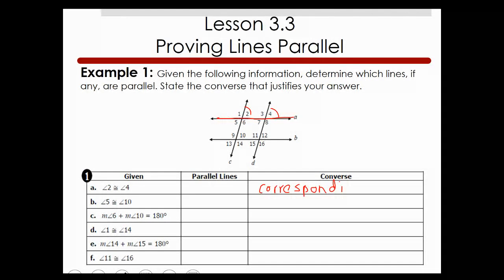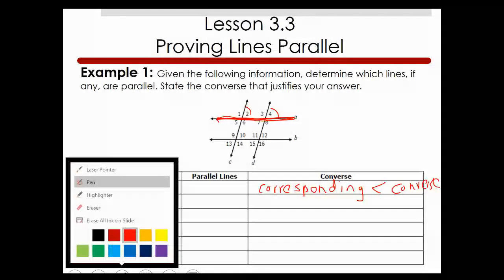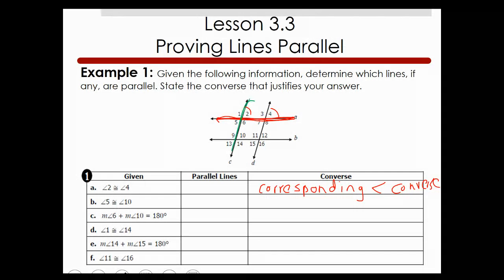I'm trying to write with my hand, so sorry about that. So what lines does this cut? This line is going through two lines, it's going through C and D. So line C is not parallel to line D.